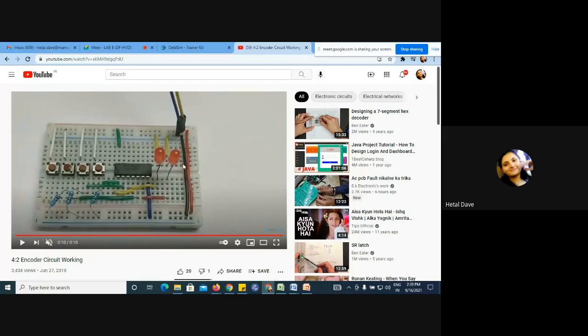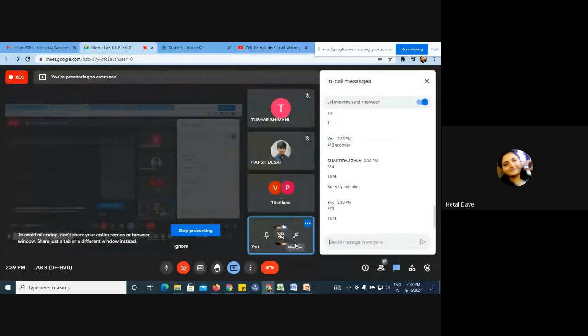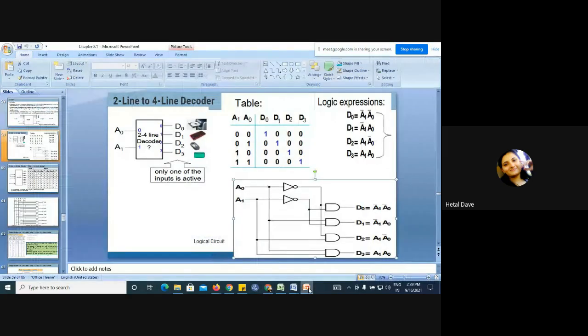Encoder is a kind of circuit that will give some coding based on the input. Okay, so now we will see the theory behind encoder.